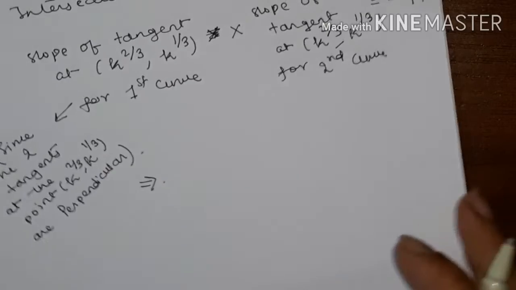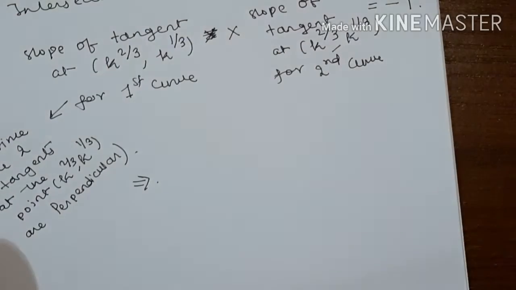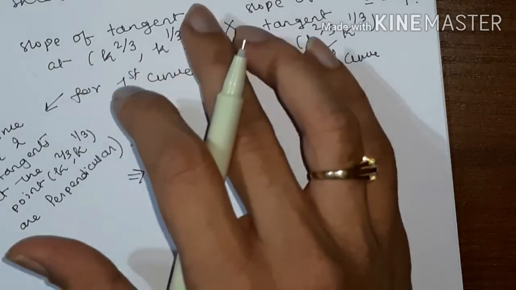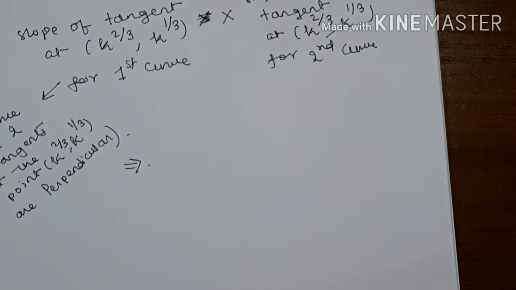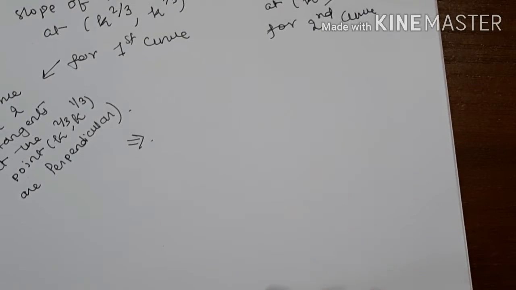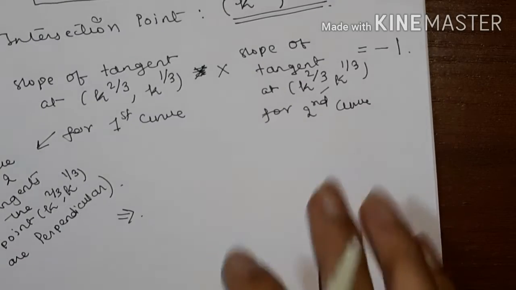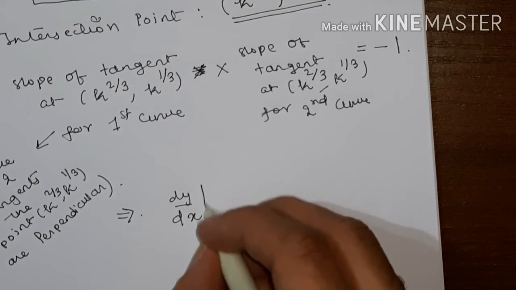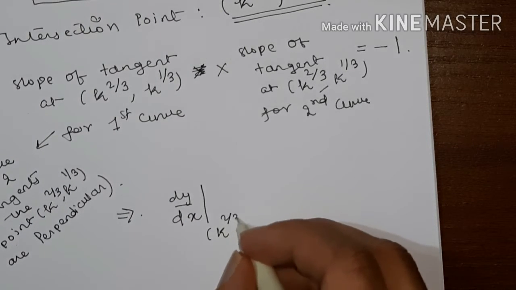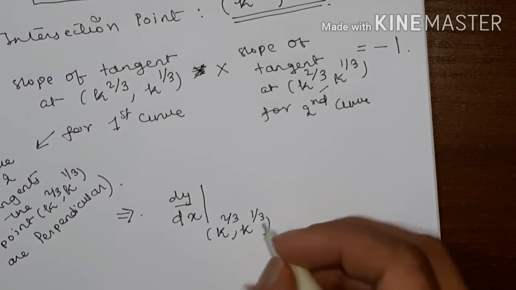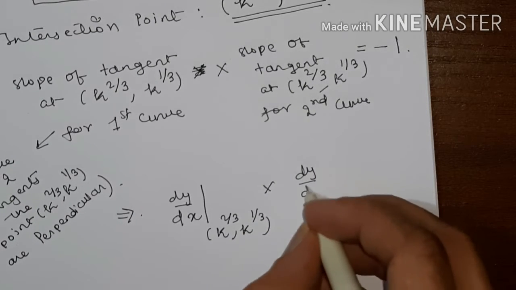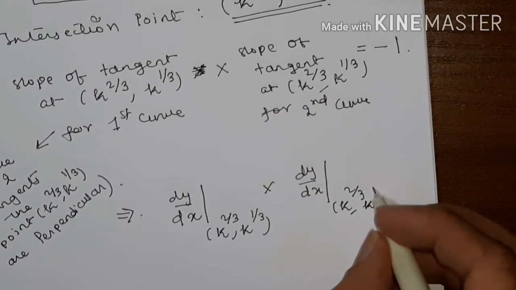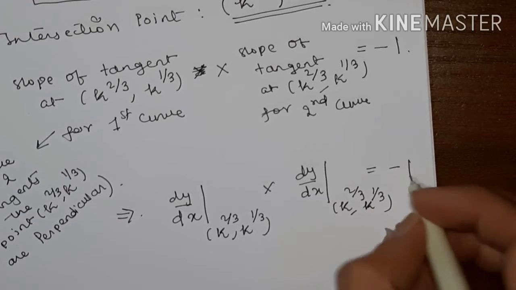So that means what? See, what is the slope of the tangent at k raised to 2 by 3 comma k raised to 1 by 3 for the first curve? That is nothing but dy by dx of the first curve. So dy by dx at the point k raised to 2 by 3 comma k raised to 1 by 3 multiplied by dy by dx again at k raised to 2 by 3 comma k raised to 1 by 3 equal to -1.